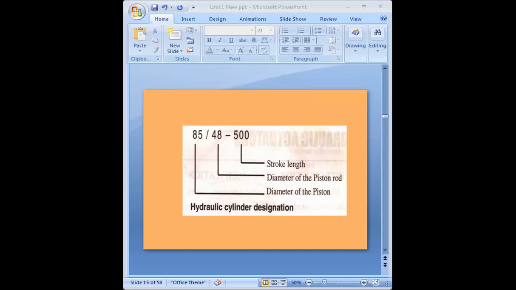It may be 90 by 45 dash 600. The first number is the diameter of the piston, the second number, 45 or 48, indicates the diameter of the piston rod, and the remaining third number, 500 or 600, is your stroke length. Getting it? So please write this. I will give 1 minute to write the designation of the hydraulic cylinder. Hurry up.